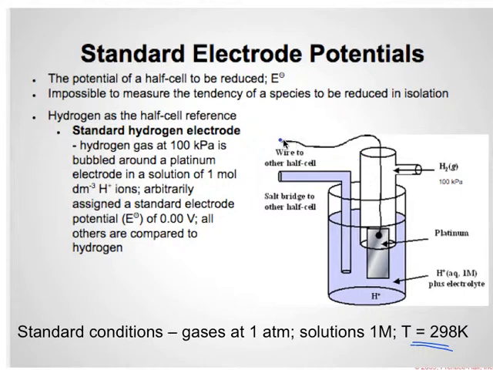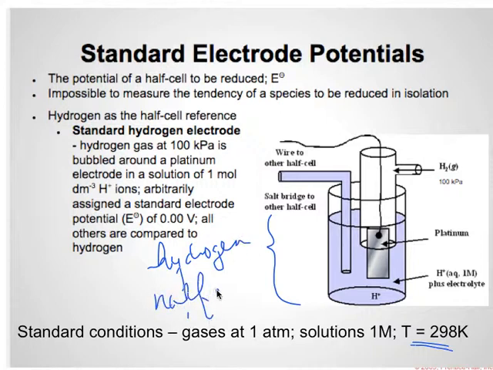Okay. So in the hydrogen half cell, and this is only the half cell, we have 1/2 of a salt bridge. This would be going to the other half cell. We have a platinum wire connected to platinum metal in a 1 molar acid solution.